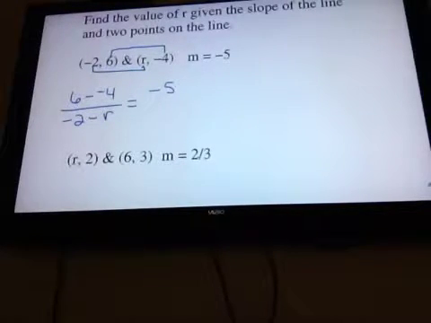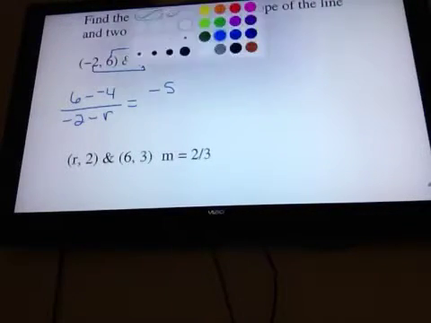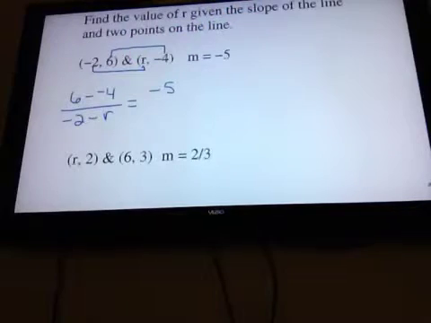And now we're going to solve this using things we did back in goal 2.4, okay, where we solved equations that looked really almost just like this, okay? So the first thing I'm going to do is take that 6 minus negative 4, and I'm going to calculate that. So that minus minus becomes plus, and I get 10.